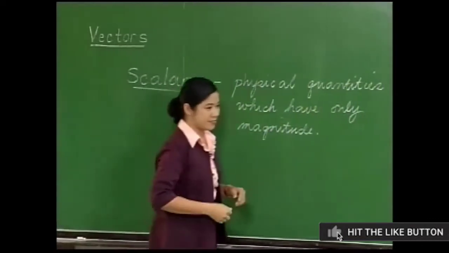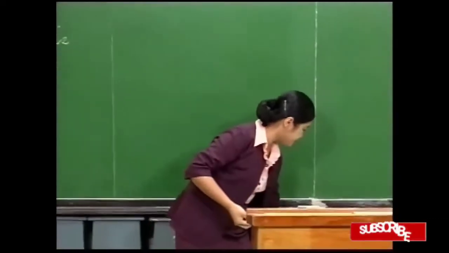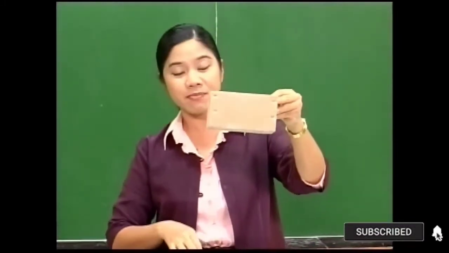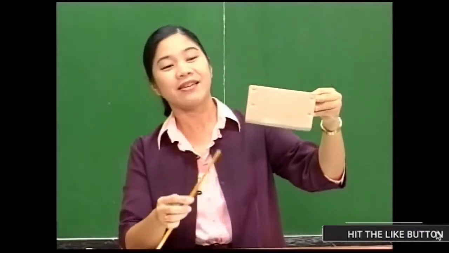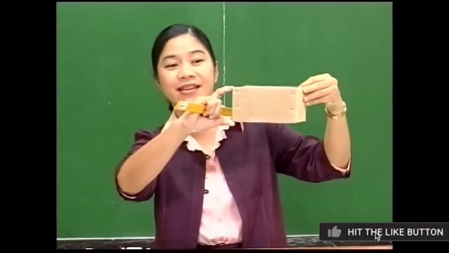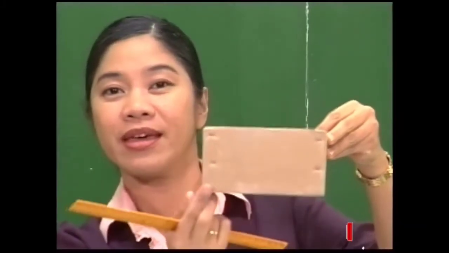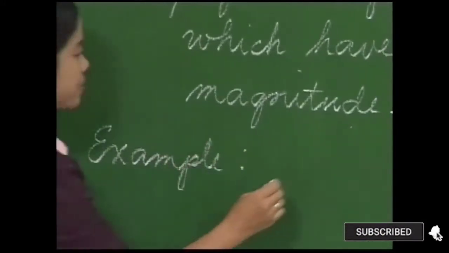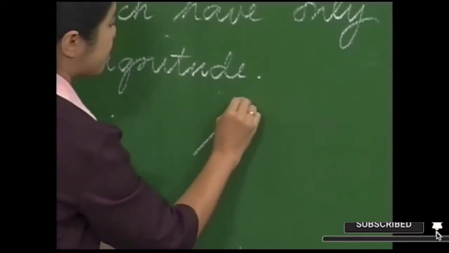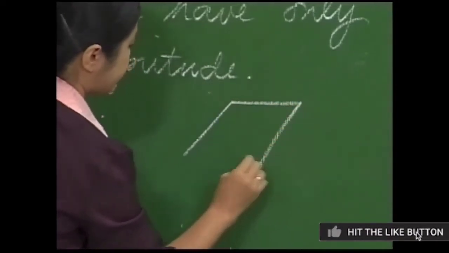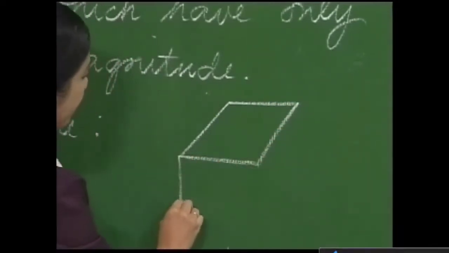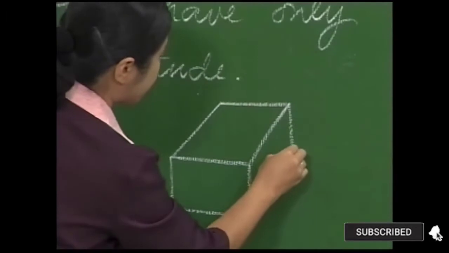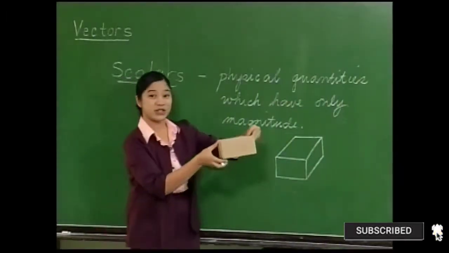For example, we can look at a box. You were taught by your teachers in Science 1 that you can take the height, the width, and the length. So this is your box.